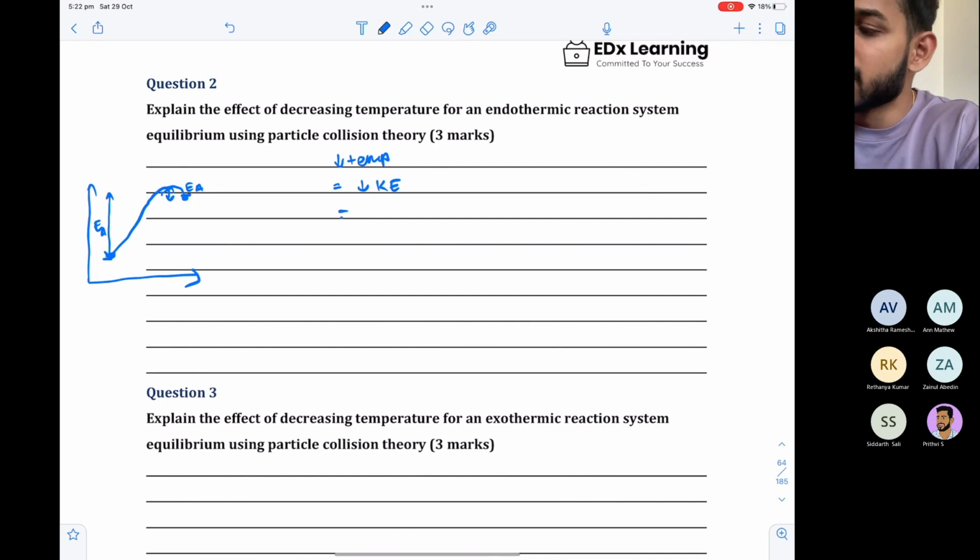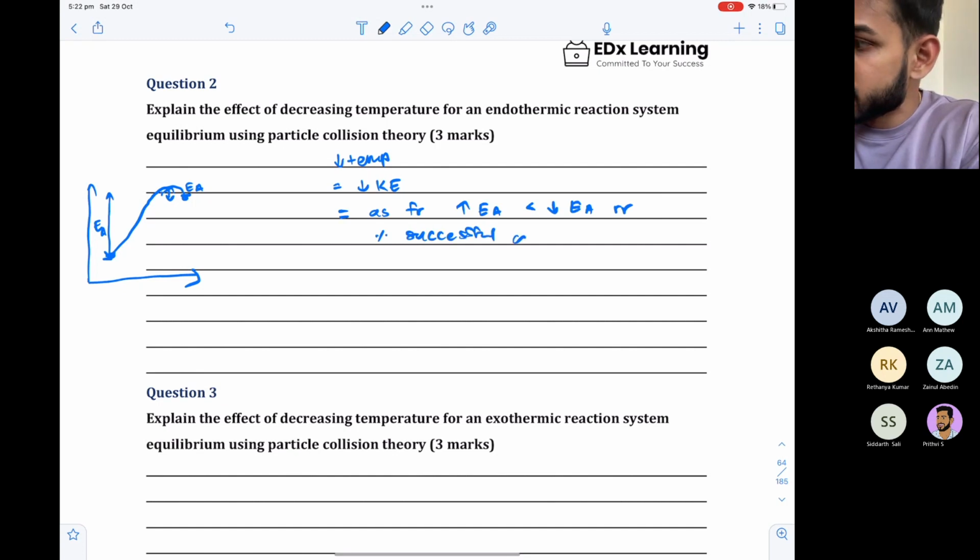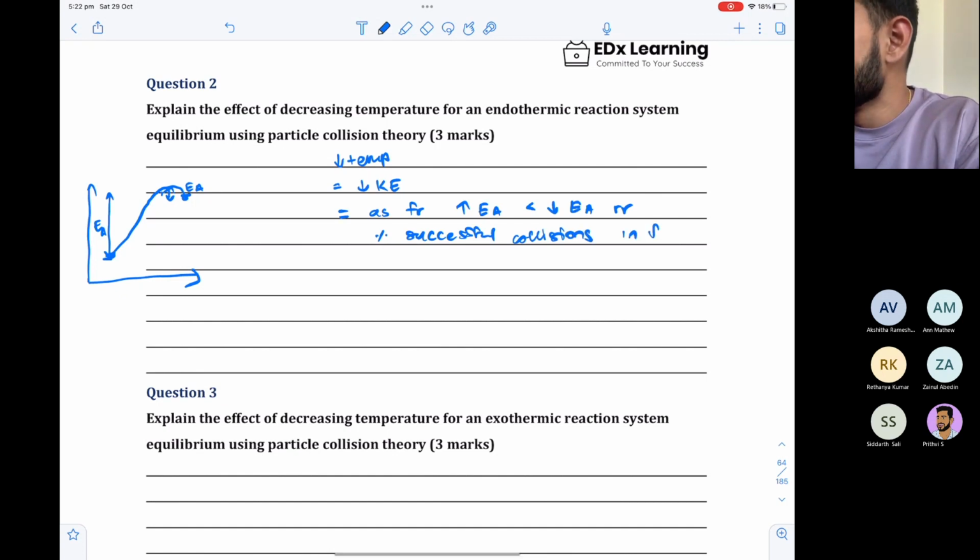So you say something along the lines of, as the forward reaction rate has a significantly greater activation energy than the reverse reaction rate, the percentage of successful collisions in the forward reaction will significantly decrease.